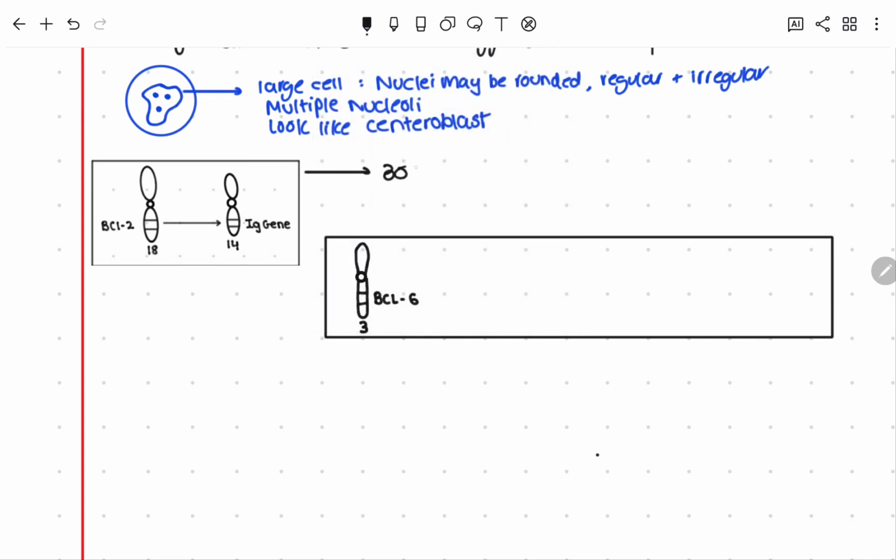To be precise, about 30% of diffuse large B-cell lymphomas show the same chromosome 18 to 14 translocation. And this is simply because this B-cell lymphoma was a progression from follicular lymphoma.